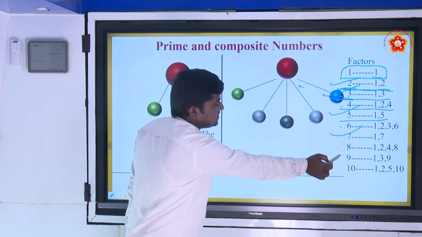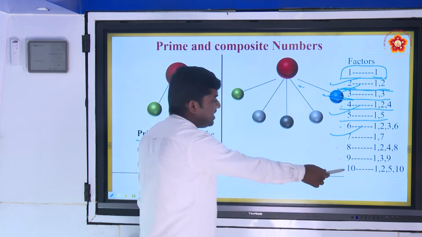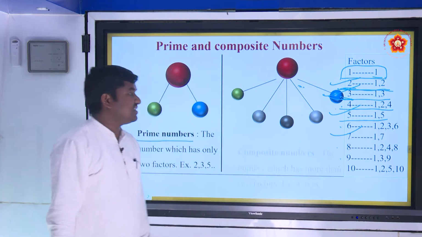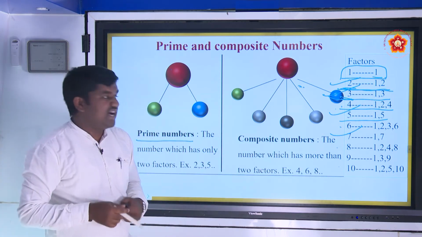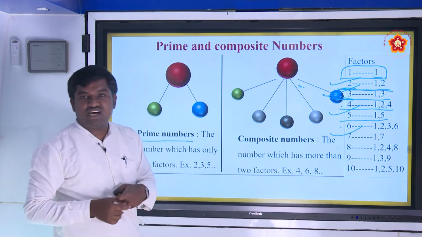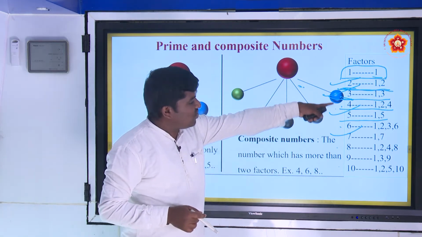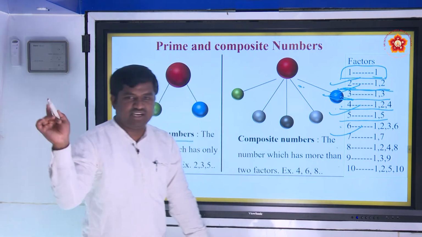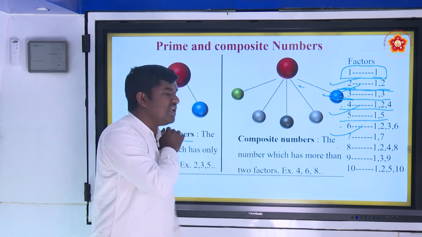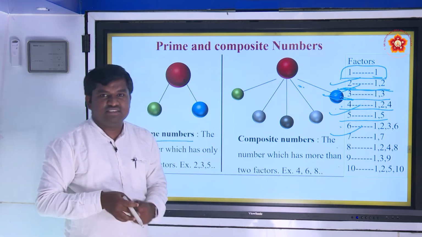Next, 9 has more than 2 factors. 10 has more than 2 factors. So composite numbers means the number which has more than 2 factors. Examples are 4, 6, 8, 9, 10, etc. These are all composite numbers.